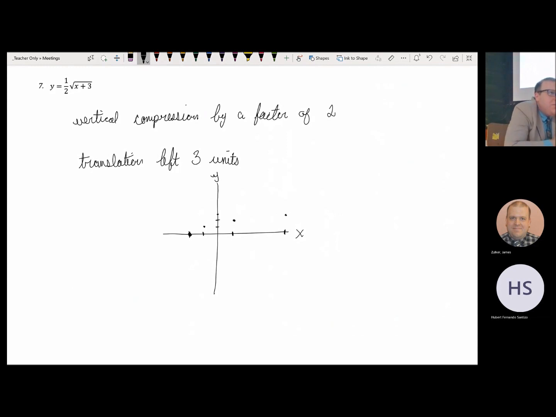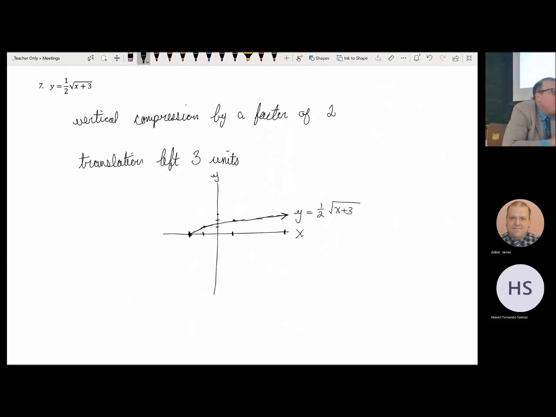That should be enough for me to sketch the compression. Something like that.